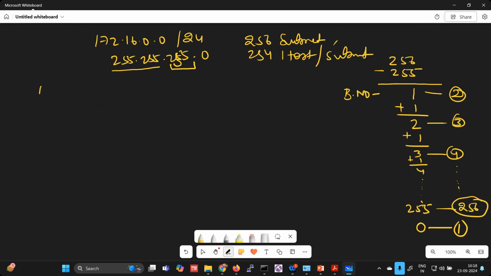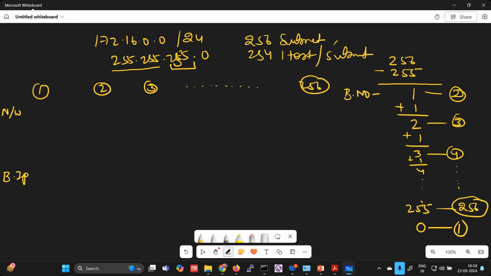Suppose I am writing this: first subnet, second subnet, third subnet, ... 256 subnets. First is the network address and the last one is the broadcast IP address. Intermediate will be valid IP addresses.